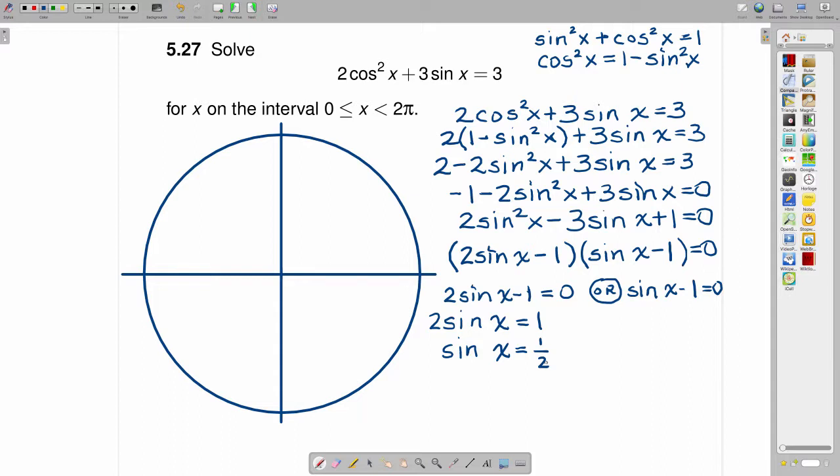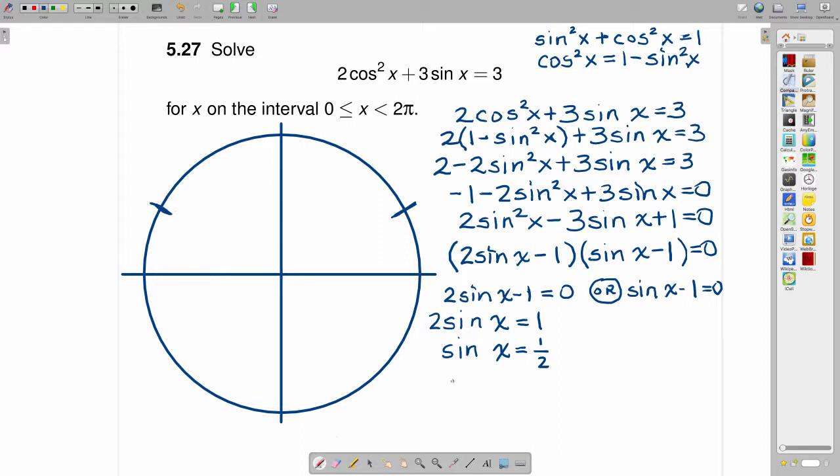Now, where is the sine of x equal to 1/2 on 0 is less than or equal to x is less than 2 pi? Well, sine of x is the second component, and the sine of x is equal to 1/2 right here at 30 degrees. And also, the second component is 1/2 over here as well.